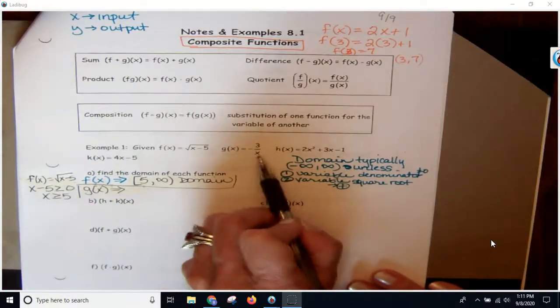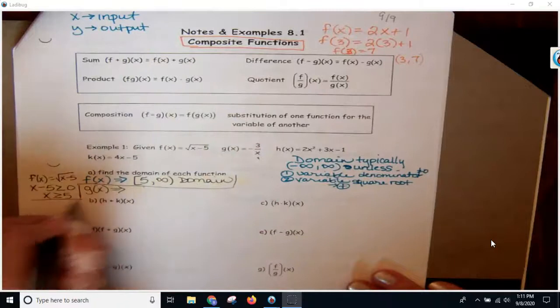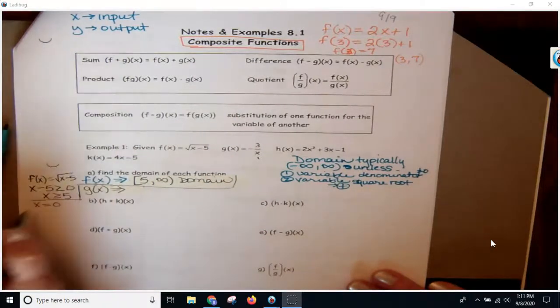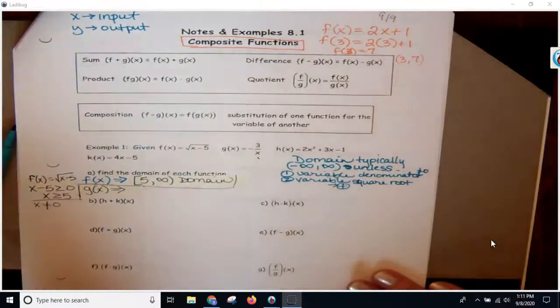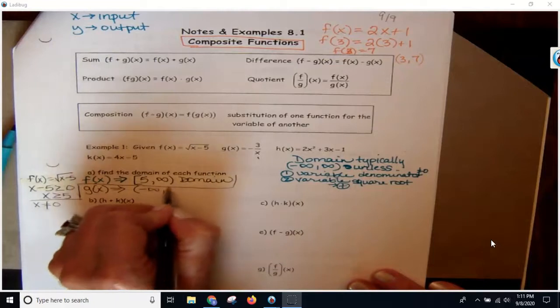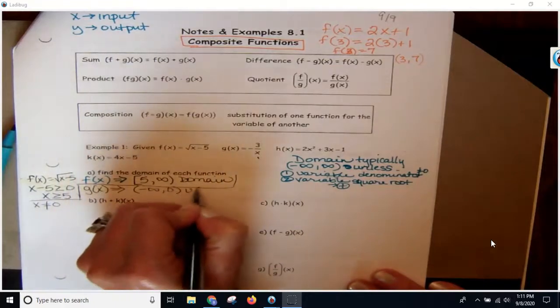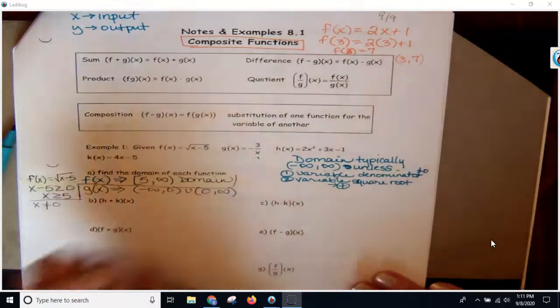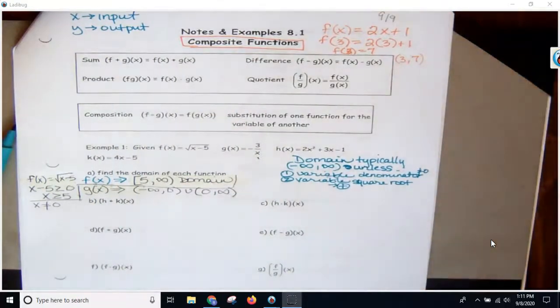If I set the denominator equal to 0, I see that x equals 0, so x cannot equal 0. I just say negative infinity to 0, and parentheses, 0 to positive infinity. This is telling me that x can be any number except for 0. You see how that excludes 0 from the domain.